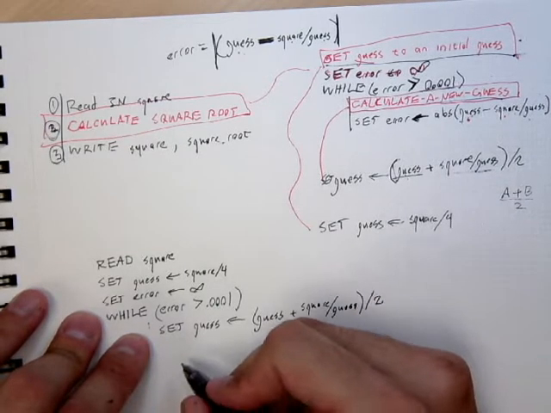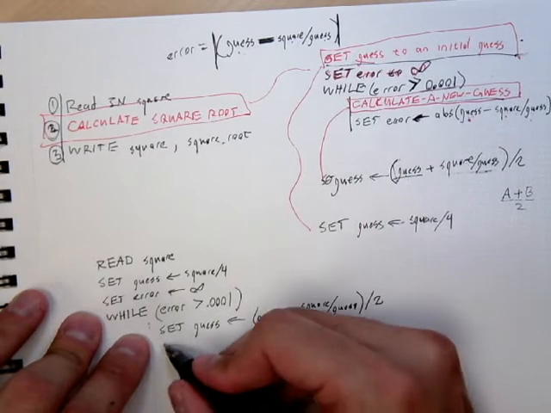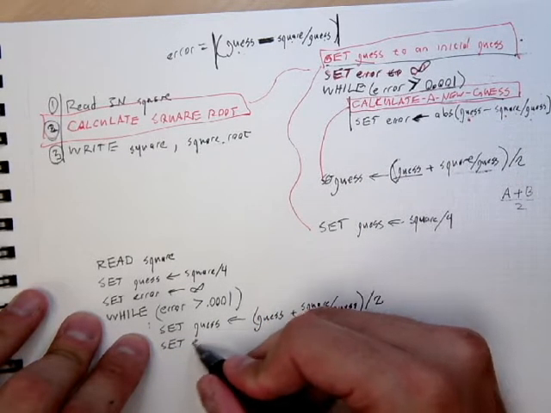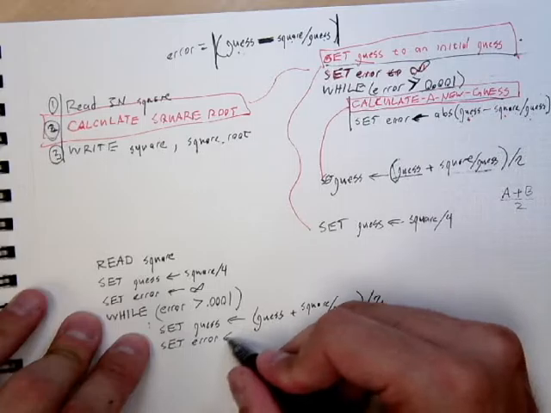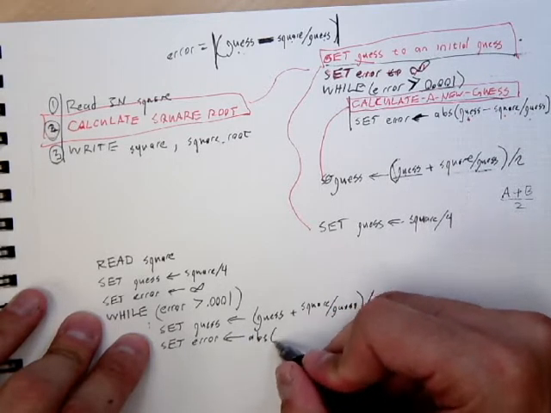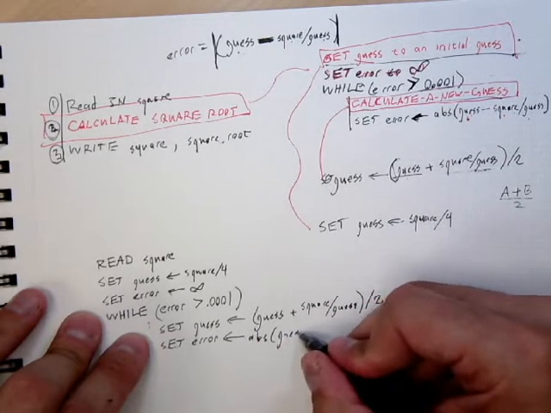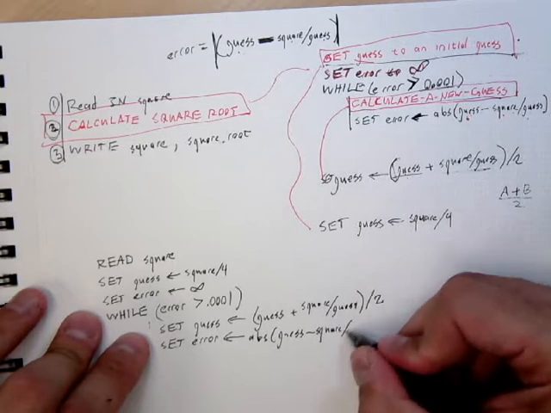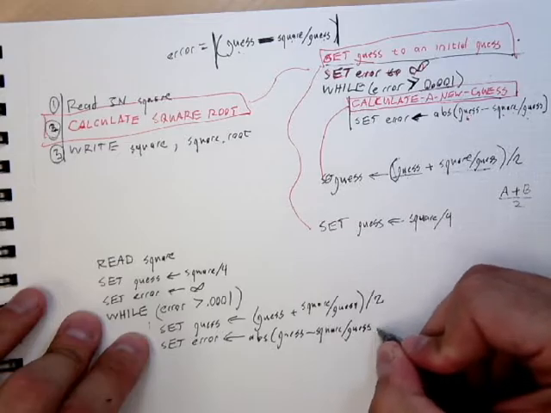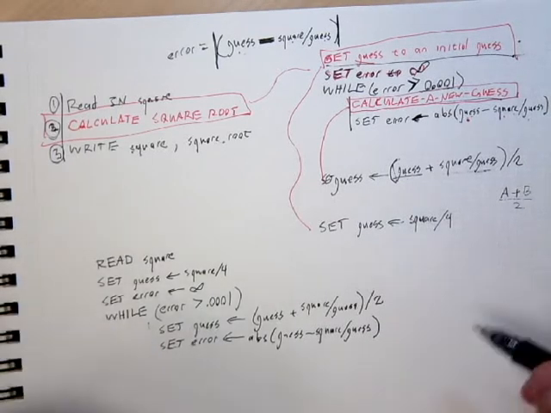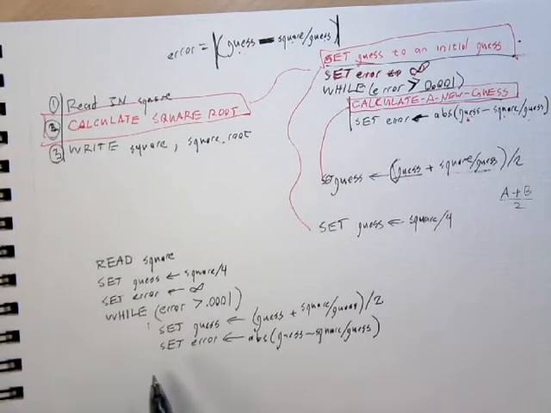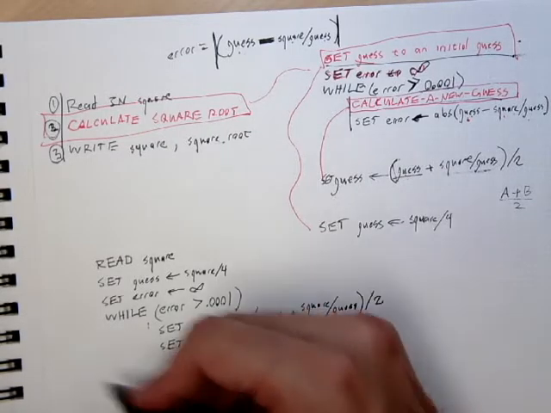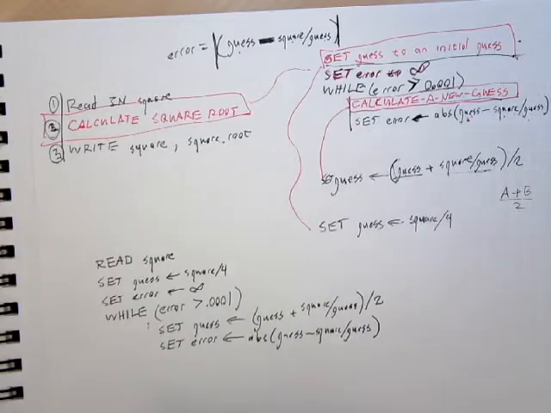And then we have to set the error, right? So we set error as the absolute value of guess minus square divided by guess, right? And then we repeat. And when we're done, so this will have finished, we can print out the answer.